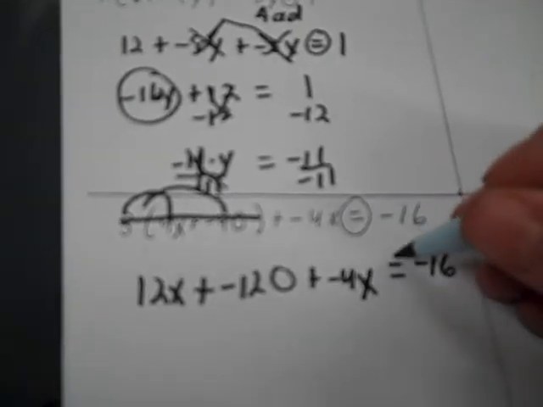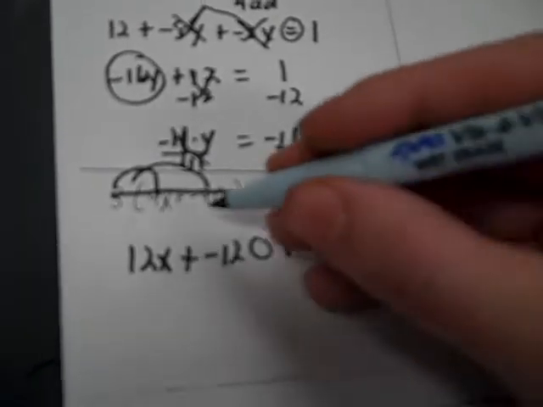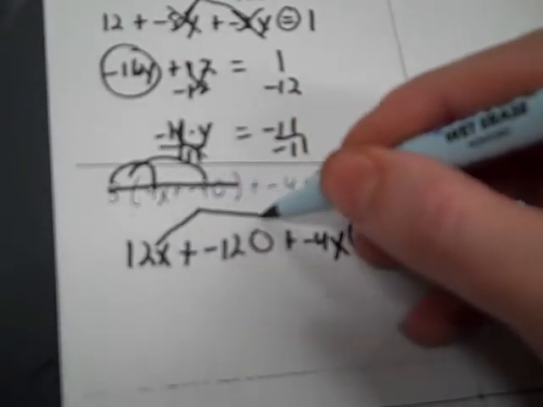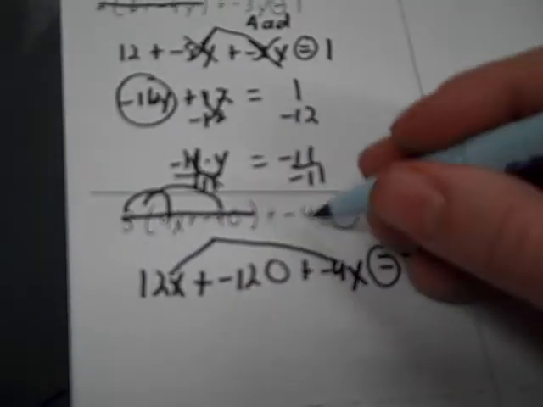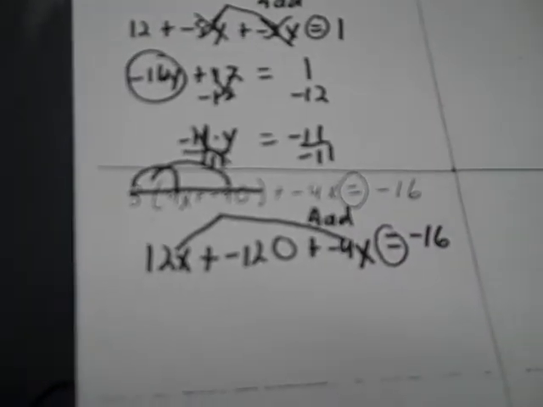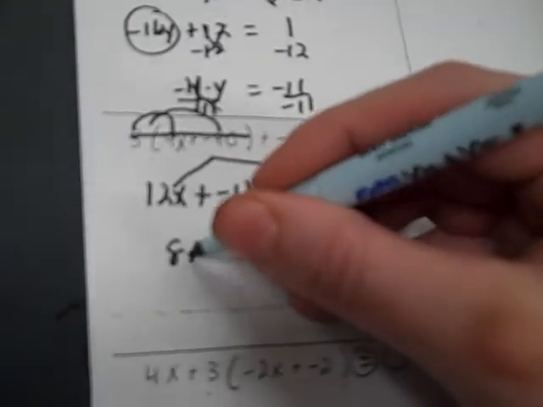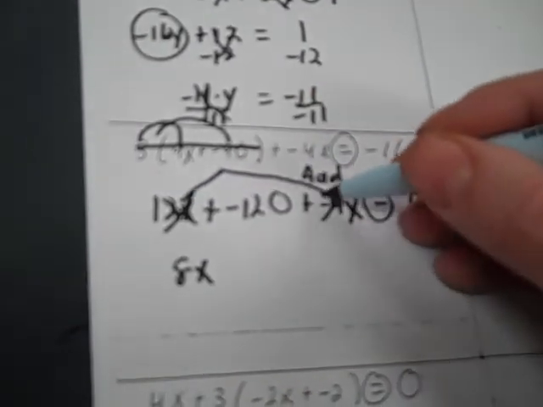Now, your x's, you have 2 of them. That's not going to work, so you need to make a pyramid that connects them, and we are adding them. So I add 12 plus negative 4. That gave me 8, so I have 8x. Now cross out your x's. Before I get to the equals, I have a negative 120. That doesn't just go away. Equals negative 16.